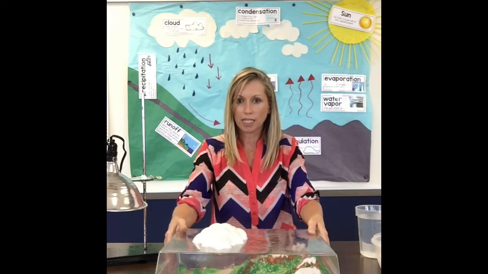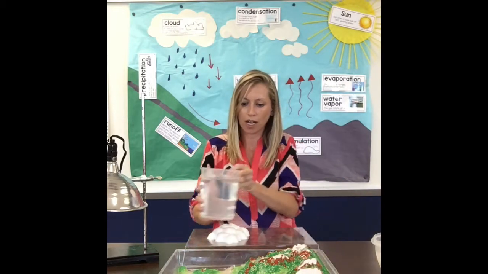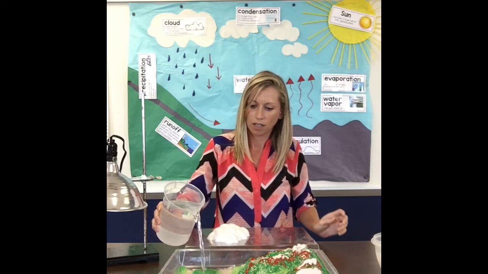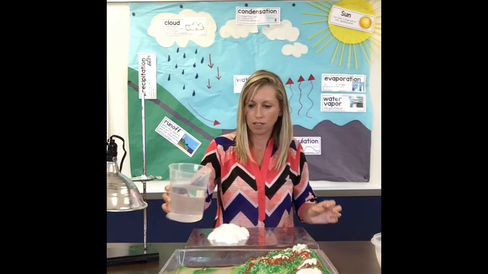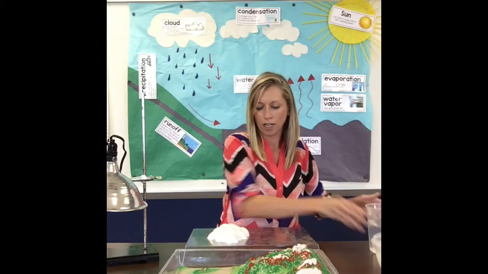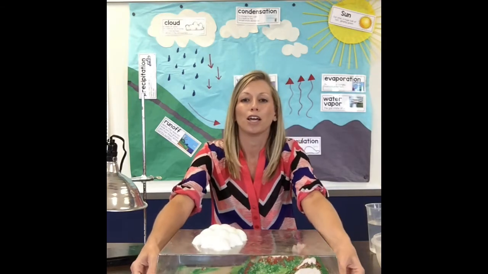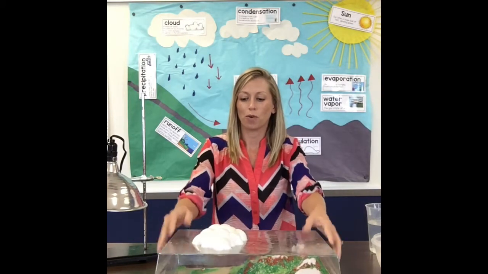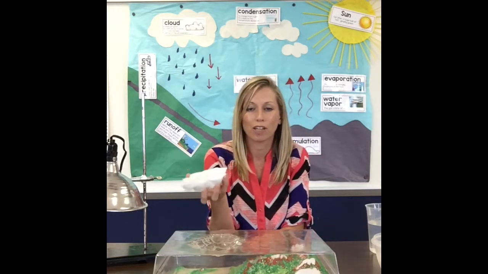So we need to add some water for our ocean. I just have some water here. We're going to add some water. There we go. So we have our ocean water. Put on our atmosphere. And then we can't just leave our cloud like this. We have to remember what we learned about the clouds in the sky.